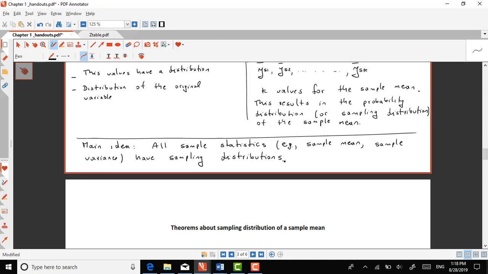Of course, most of the time we're going to make use of the sampling distribution of the sample mean. You may have never heard of the sampling distribution of the sample variance, but it's possible to do that. Okay, so any questions, guys, about the sampling distribution? Okay, so key concept. So now let's move on.